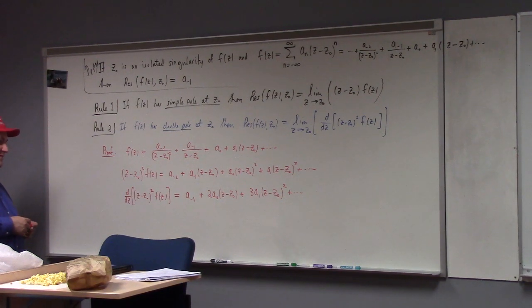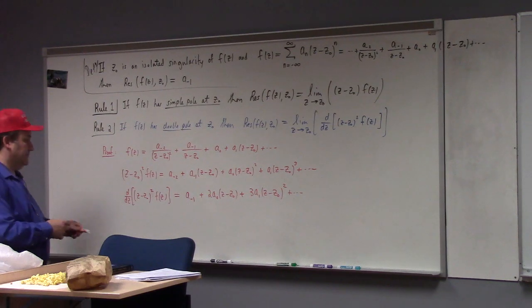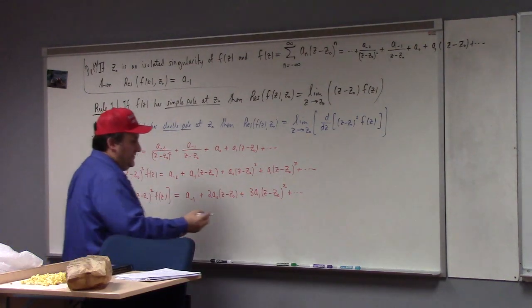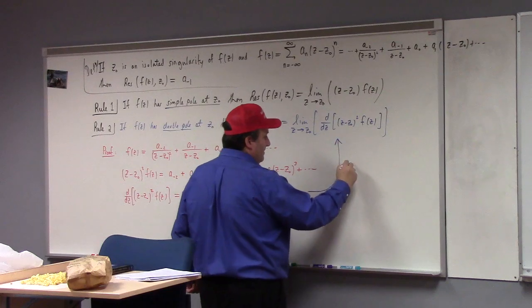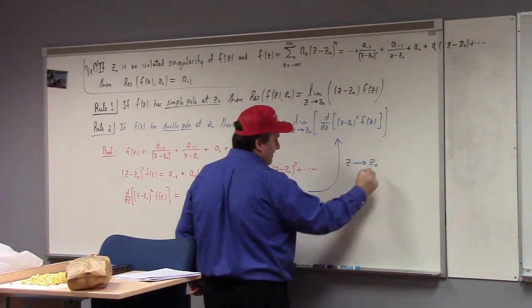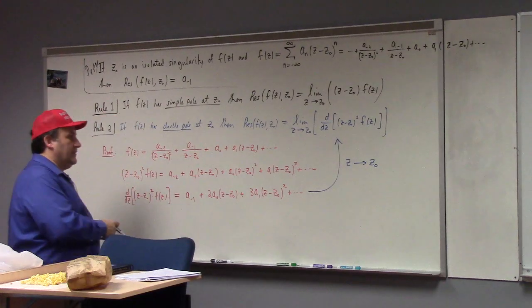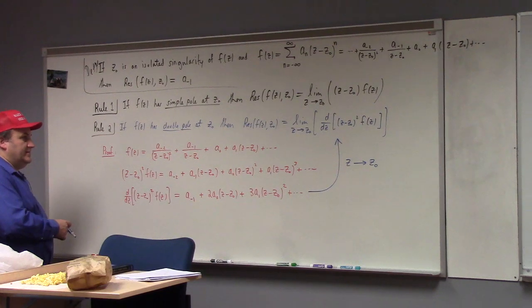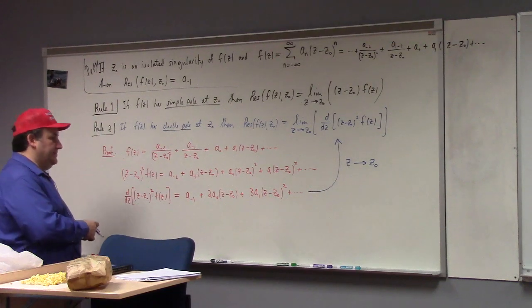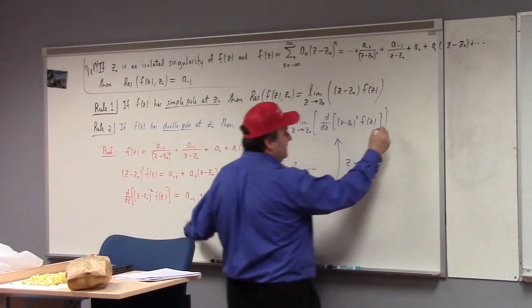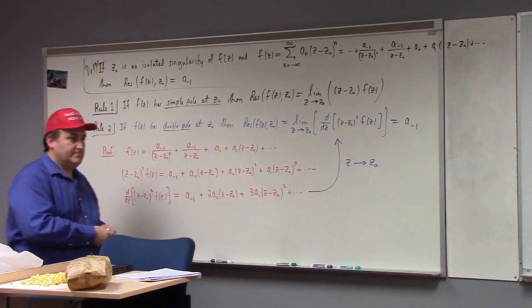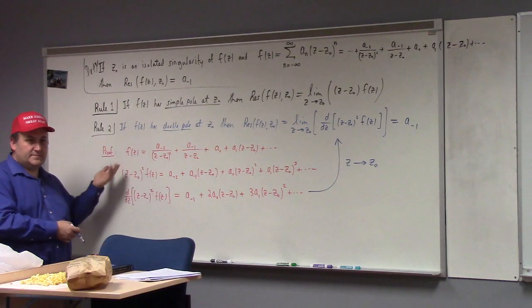So what happens if we take the limit? I mean, this implies the rule immediately, right? If we take the limit of this, we get to here, right? On the flip side, this is also equal to a sub minus 1, right? Which is exactly what we need to happen. That is the residue of the Laurent series.